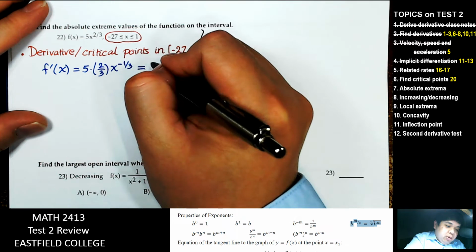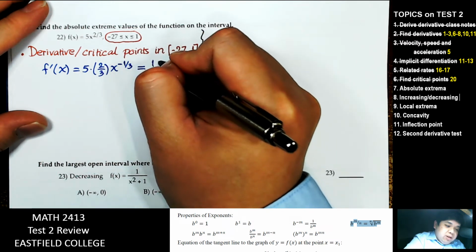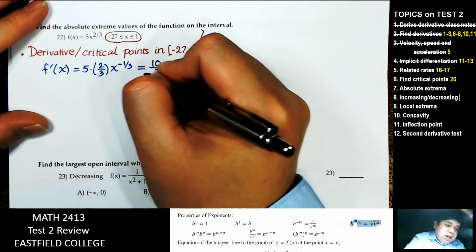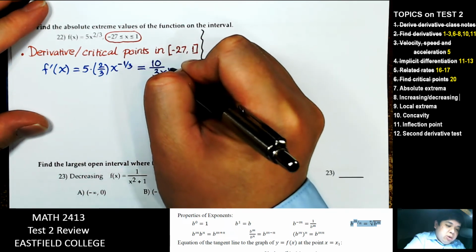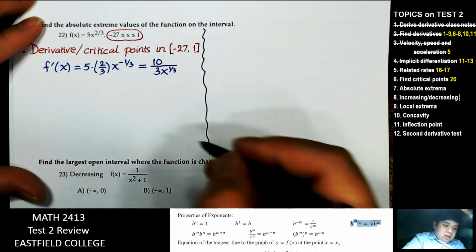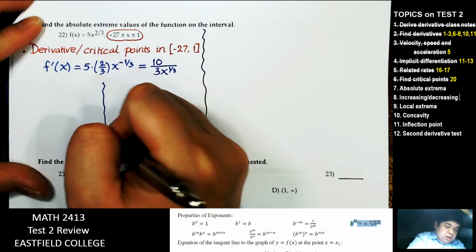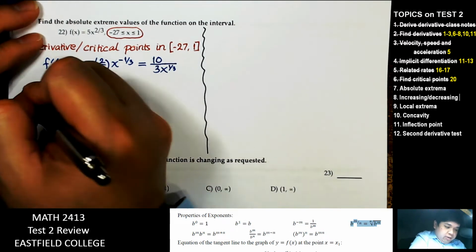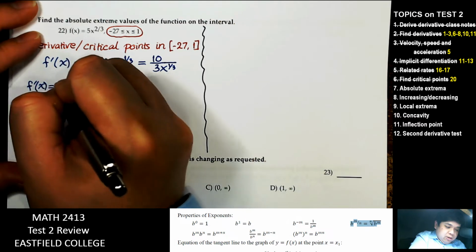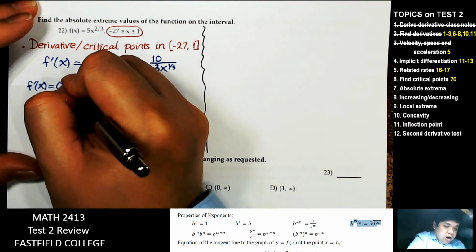The 5 and the 2 stay on top, make it 10. This negative exponent goes to the bottom. So we have that, right? So we have derivative equal to 0, because that means the top is 0.